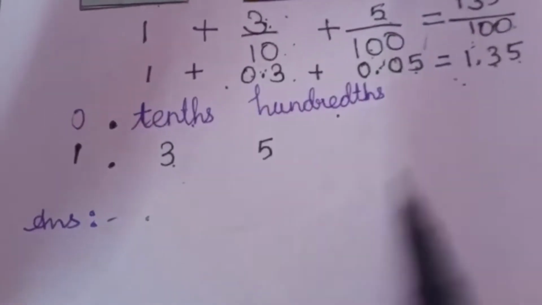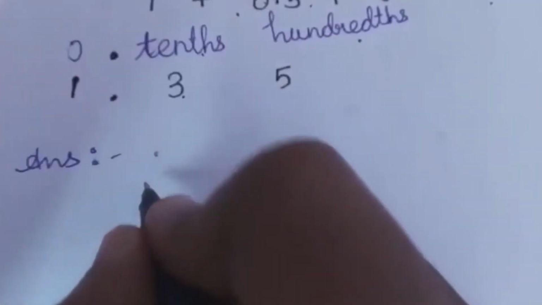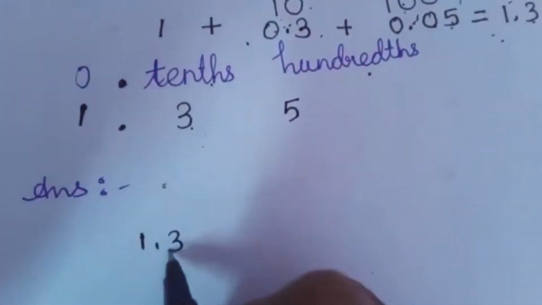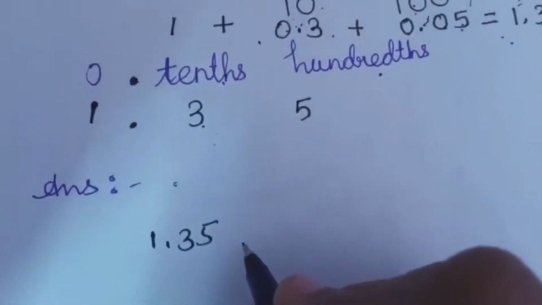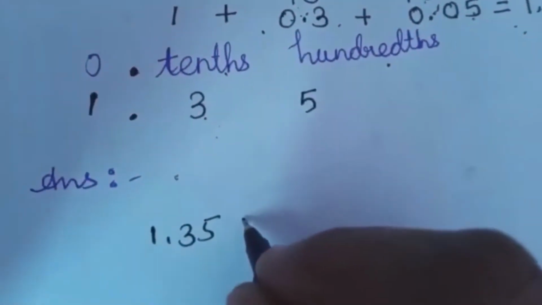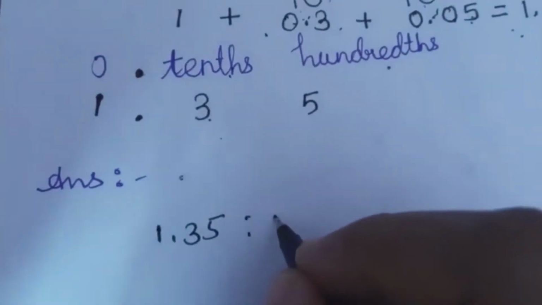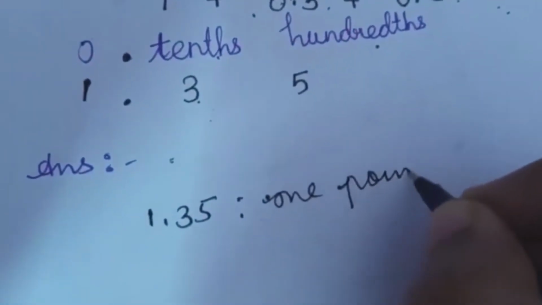Now we are going to write in words. The answer finally is 1.35. How can we write it in words? And how can you read it? Listen very carefully. 1 point.